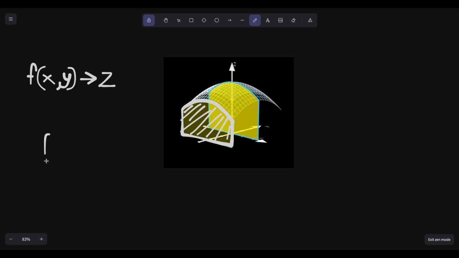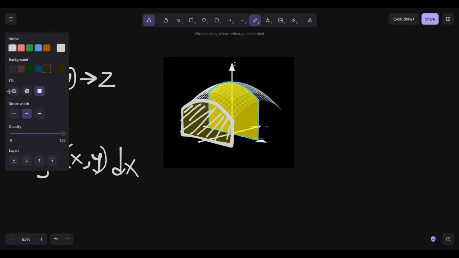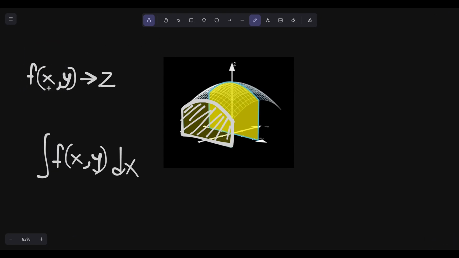Well, this is just going to be the integral of our function, f of x comma y, dx. And so what this is saying is that for every tiny step that I take in the x direction, dx, I'm going to multiply by the height.